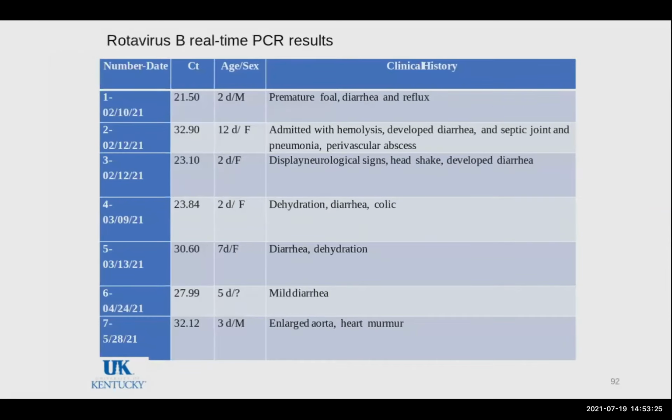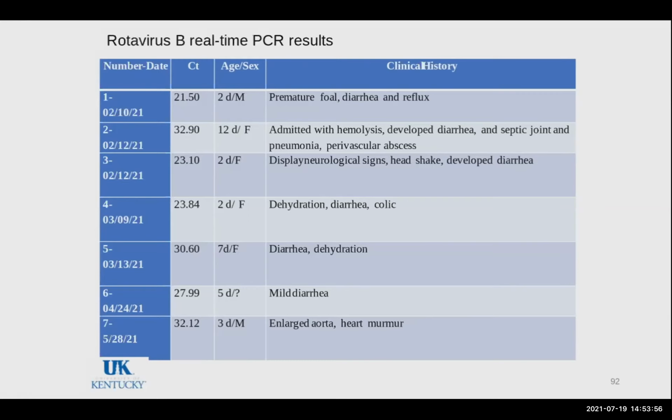And when we look further at those 7 cases, you can see that those rotavirus B cases were usually detected during February and March, as was discussed before also. And CT values, again, usually in the 20s. And age, again, confirming earlier results, most of those cases were just a few days old, unlike rotavirus A. So usually 2 days or 3 days or 5 days.